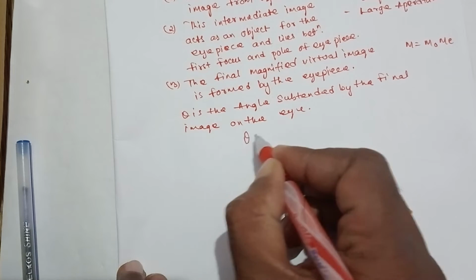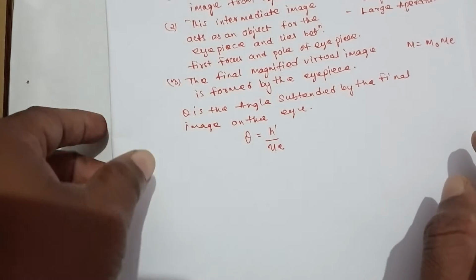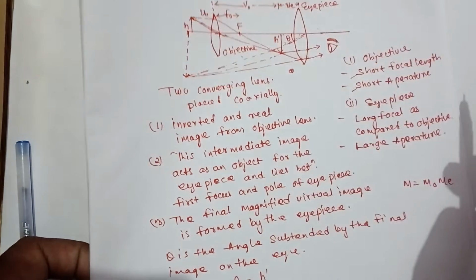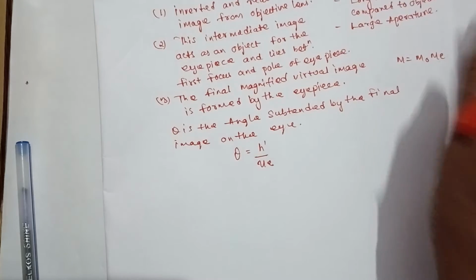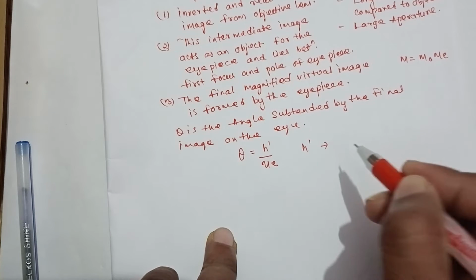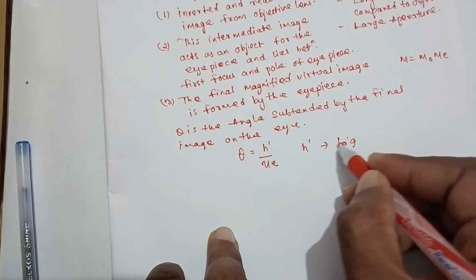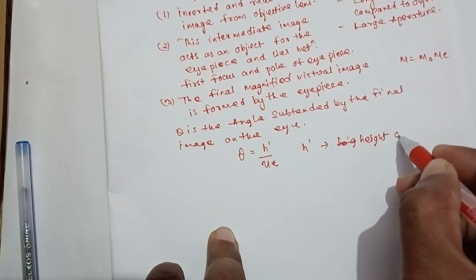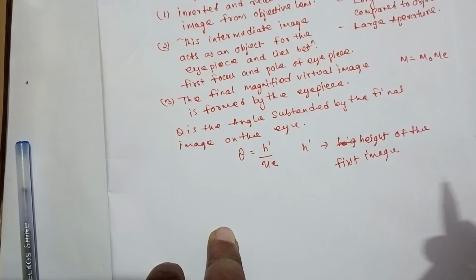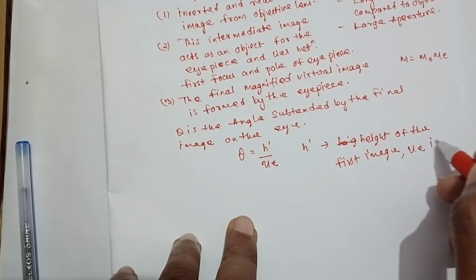So theta is equal to, from this figure, h dash by Ue, where h dash is the height of the first image and Ue is the distance from the eyepiece.